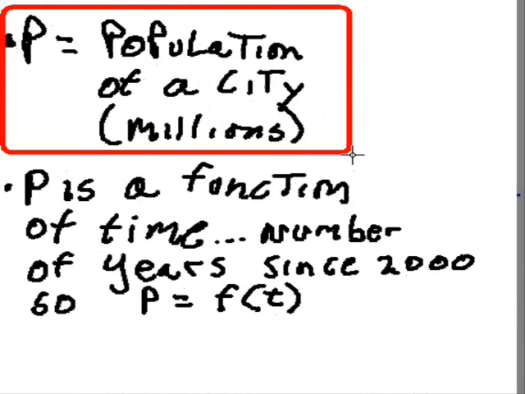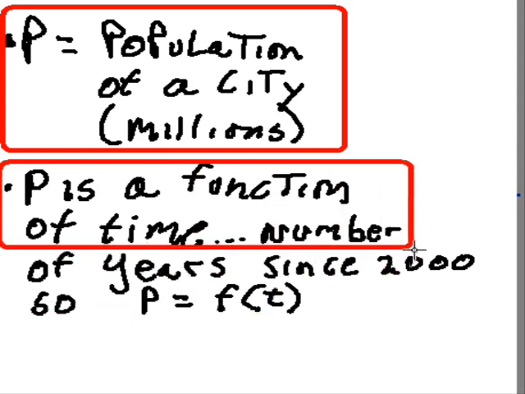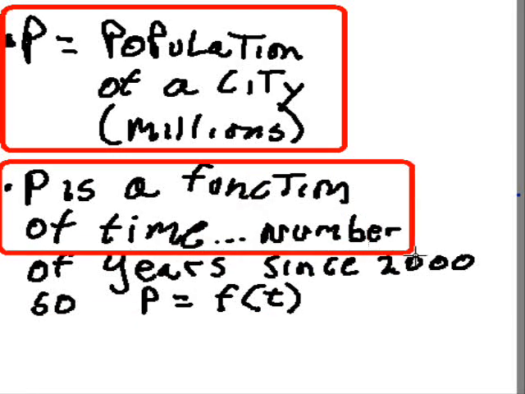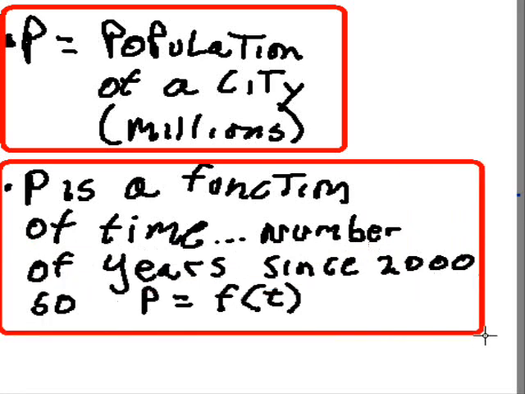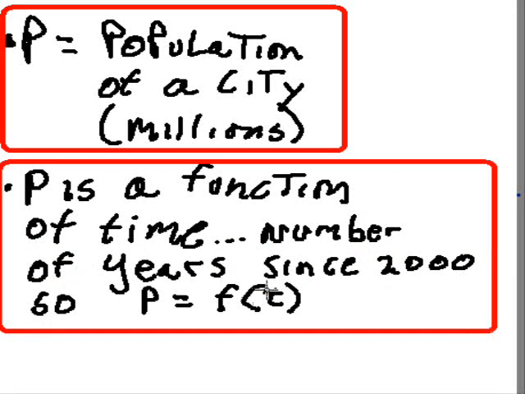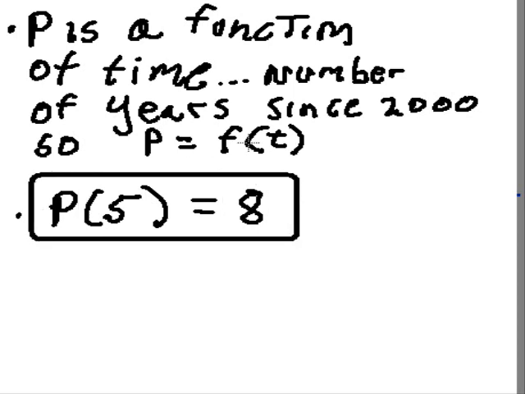P is the population of a city in millions. P is a function of time. That is to say, the number of years since the year 2000. So P equals f of t. So what does P of 5 equals 8 mean?